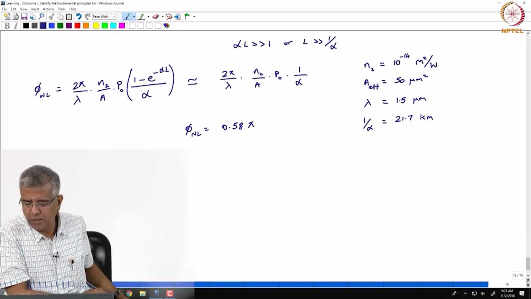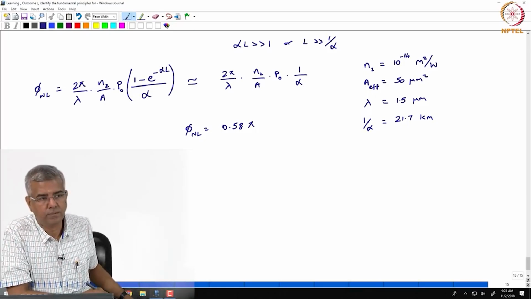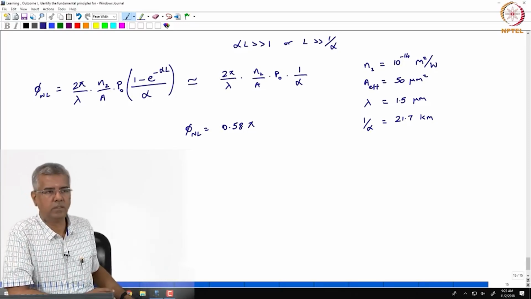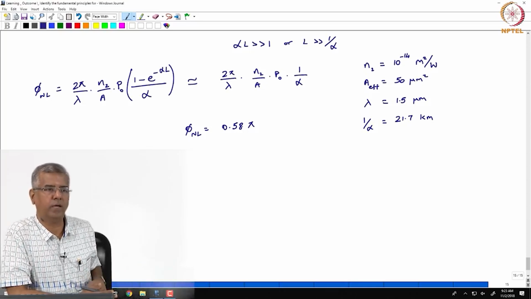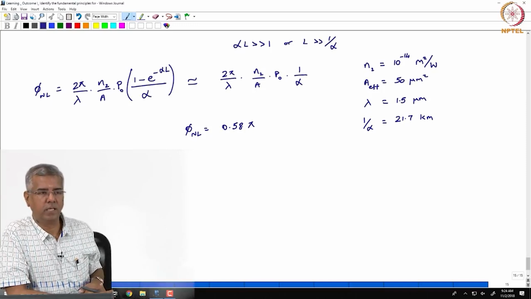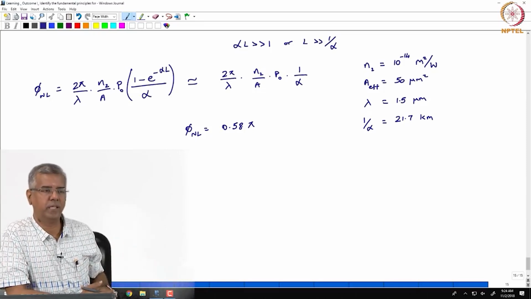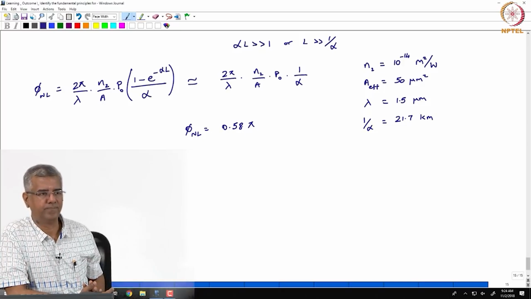So L is far greater than 1 over alpha. Is that? You said the phase will not remain nonlinear. That's right. So beyond that it won't remain nonlinear, so you can cap it at 1 over alpha. If the physical length is greater than 21 kilometers, or even if it is comparable to 20 kilometers, you can just approximate that as 1 over alpha.